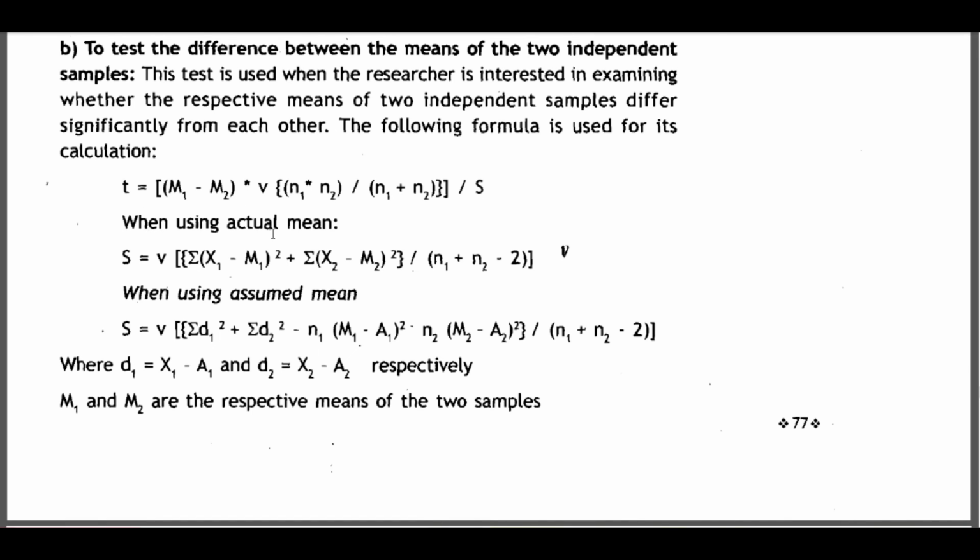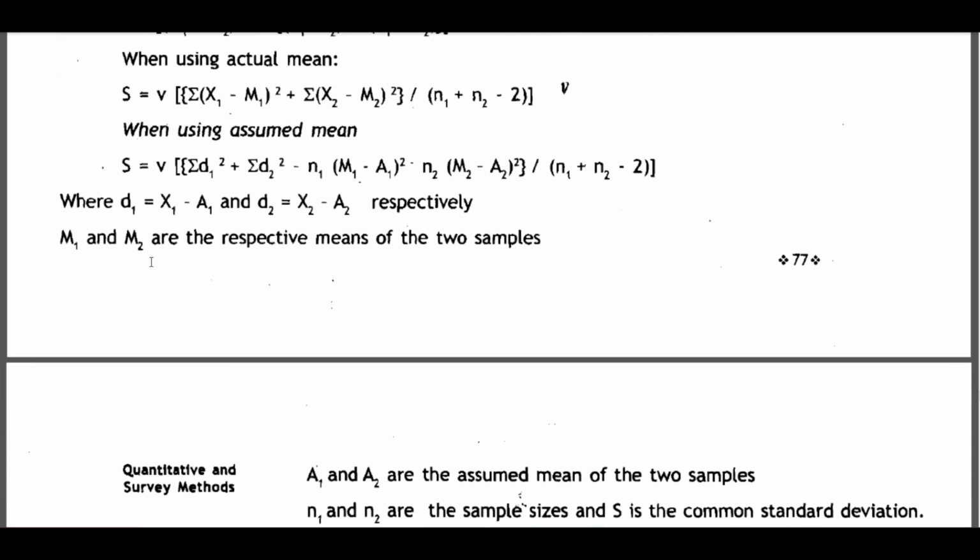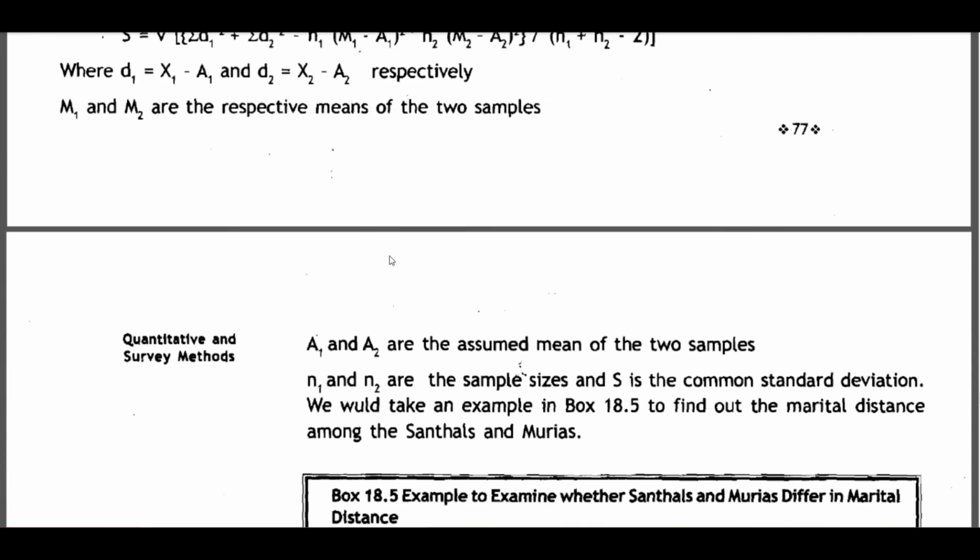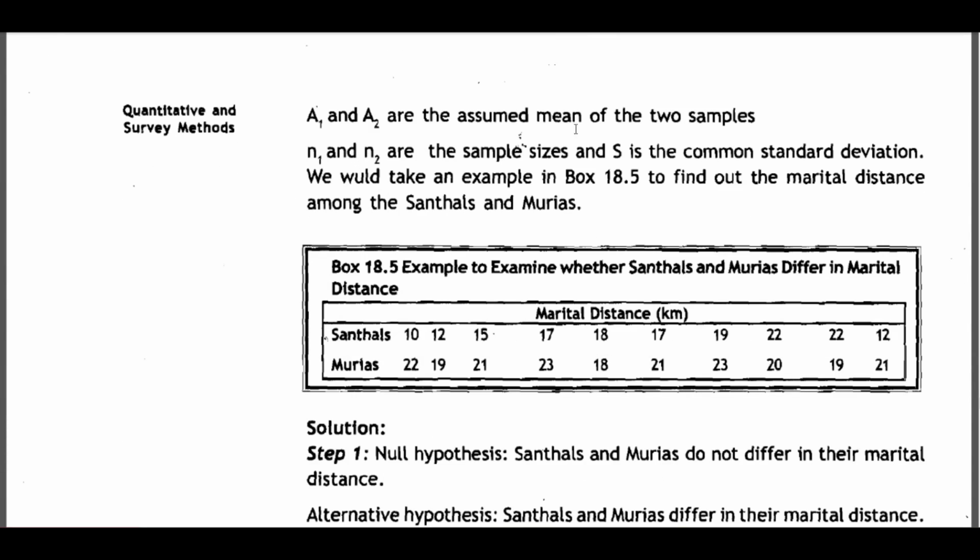When using actual means, S is given by this formula, and when using assumed means, S is given by a different formula, where d1 is x1 minus a1 and d2 is x2 minus a2, and m1 and m2 are the respective means of the two samples. a1 and a2 are the assumed means of the two samples, n1 and n2 are the sample sizes, and S is the standard deviation.